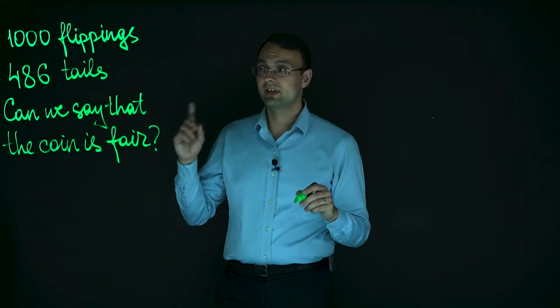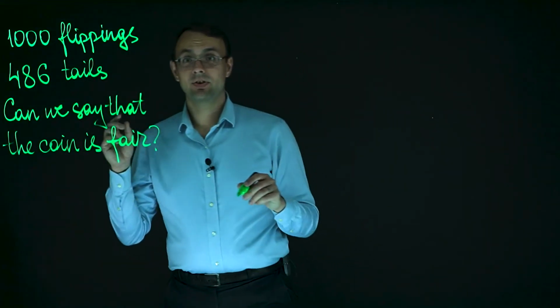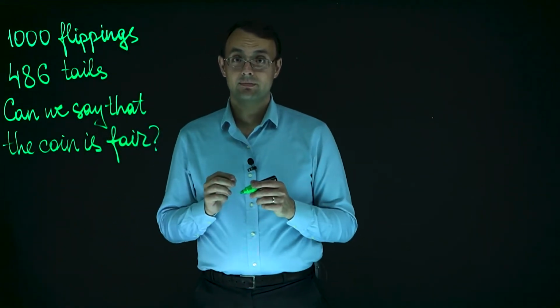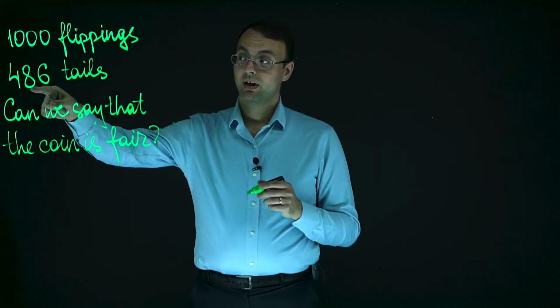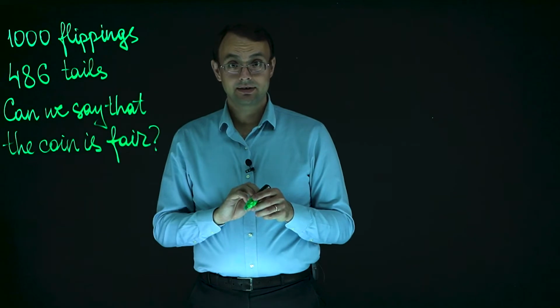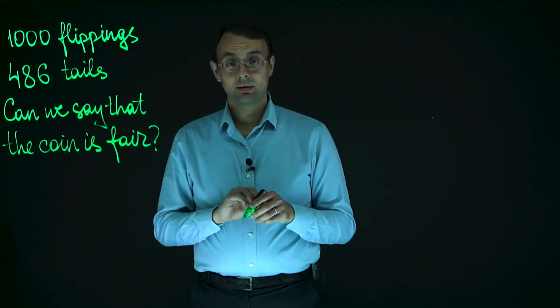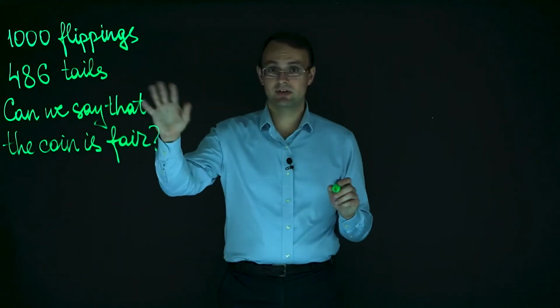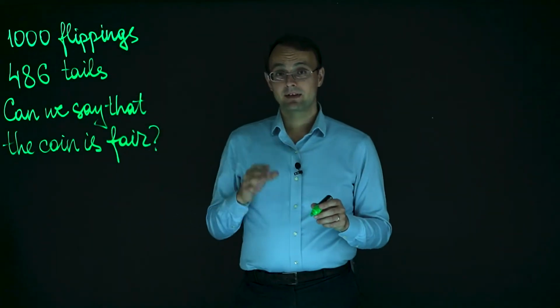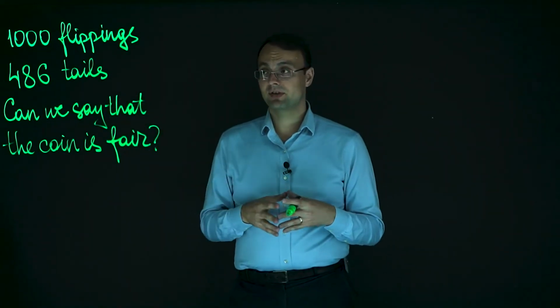So I have a series of 1,000 Bernoulli trials, and this 486 is the number of successes in this series of trials, if we assume that tails is a success.